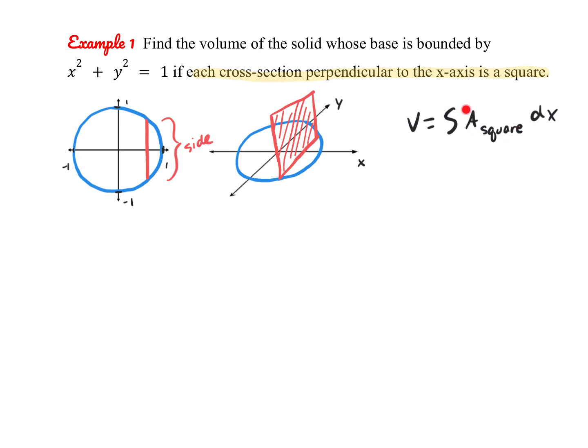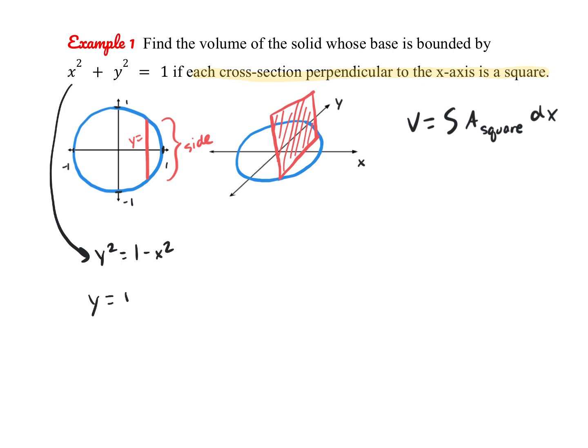So now we just need to find a way to define the area of the square in terms of our equation. So we need to find a way to determine this length. We do always want to do top minus bottom. So if we want top minus bottom and we want this vertical distance, we need to rewrite our equation in terms of y. So I can rewrite this as y squared equals 1 minus x squared.